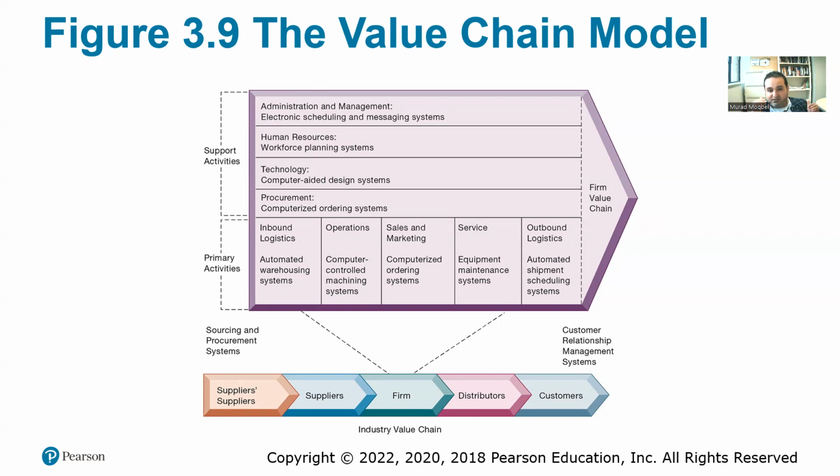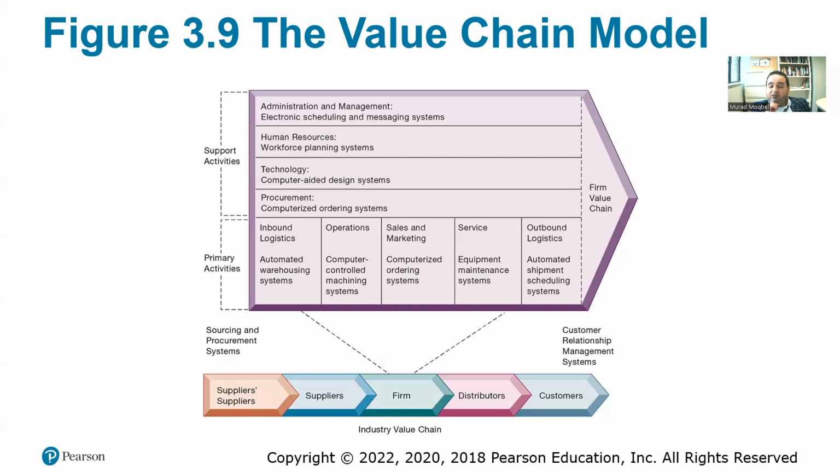The primary activities are those directly related to the production of the product and services, right? And the support activities are not directly involved in the production, they are supporting. The support activities include technology, computer-aided design systems, procurement, computerization, human resource administration, and so on.